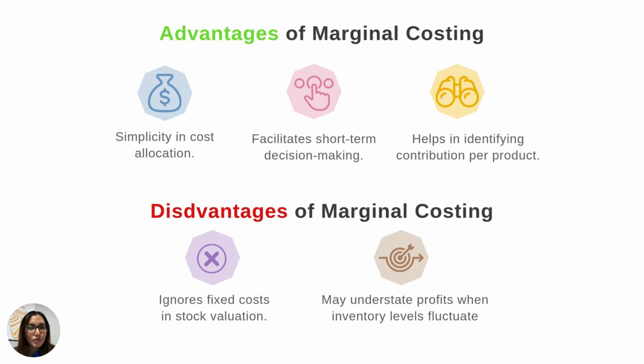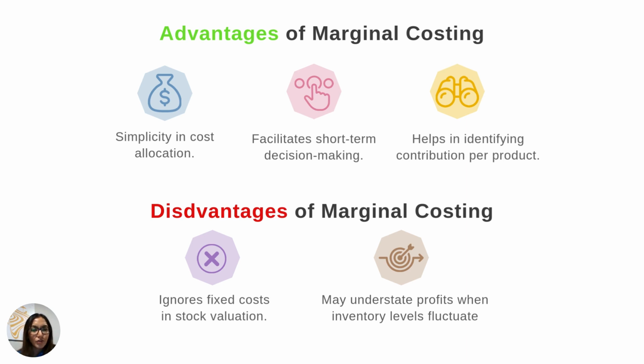Now let's look at the advantages and disadvantages of marginal costing. Advantages are simplicity in cost allocation, because you just take the extra costs or just variable costs. It facilitates short-term decision making, in order to understand, do we need to produce an extra item?